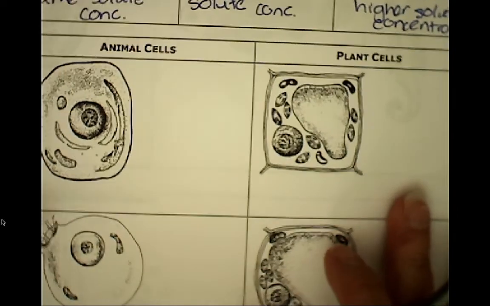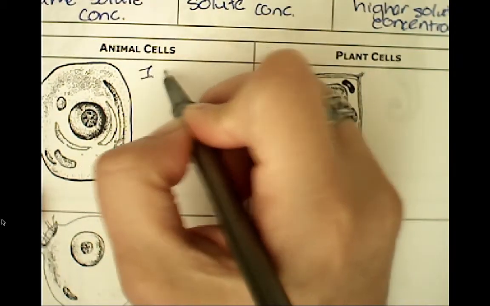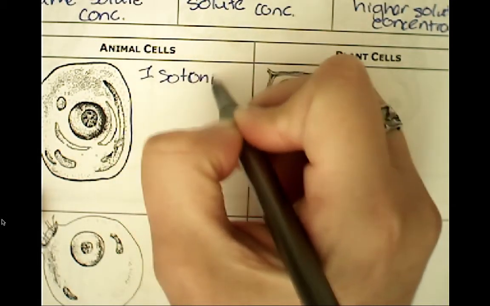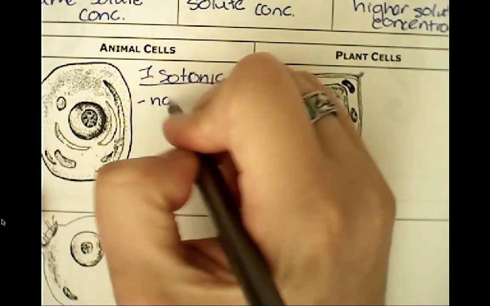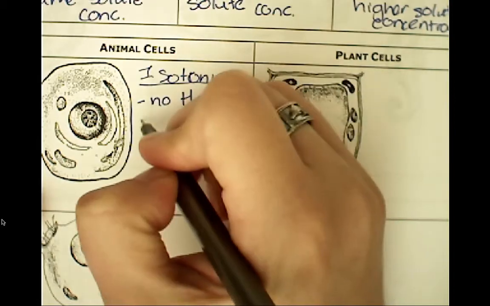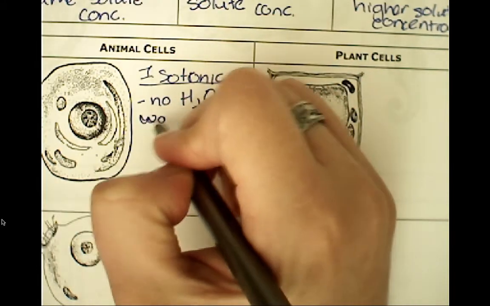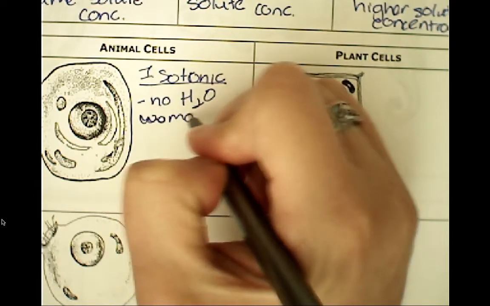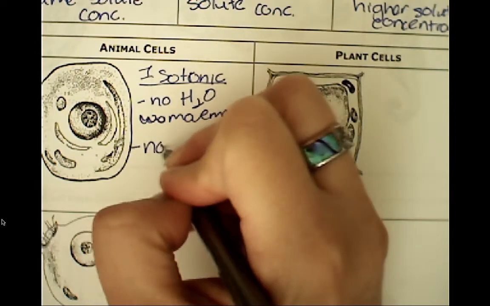Okay. So we're going to look at animal cells and plant cells, and they kind of do different things. In an isotonic situation, because the solutions are the same, there's no net movement of water. Okay, water's going to move in and out, but there's no net movement. This is normal for animal cells.